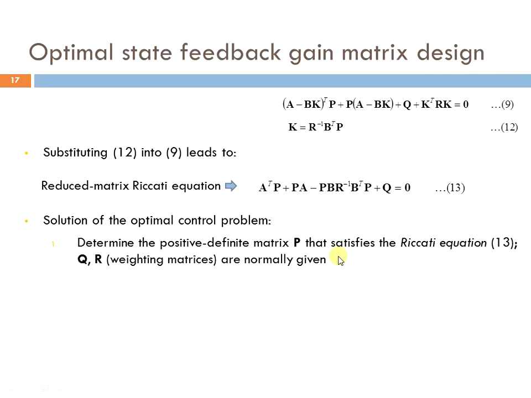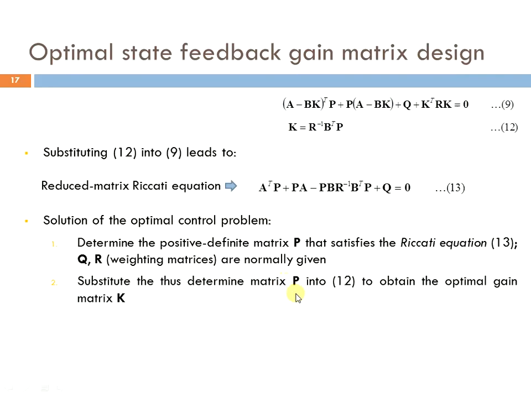So we obtain A and B from the system to be controlled, and the weighting matrices Q and R have to be specified so that we can determine the value of P. Once we have determined the value of P that satisfies equation 13, which has to be positive definite and symmetric, we can use that in equation 12 to find the value of K, which is our desired optimal state feedback gain matrix.